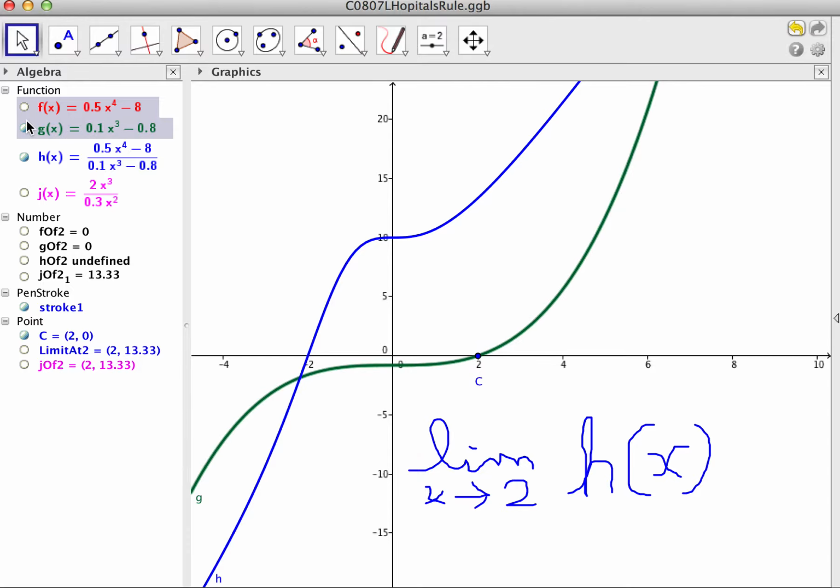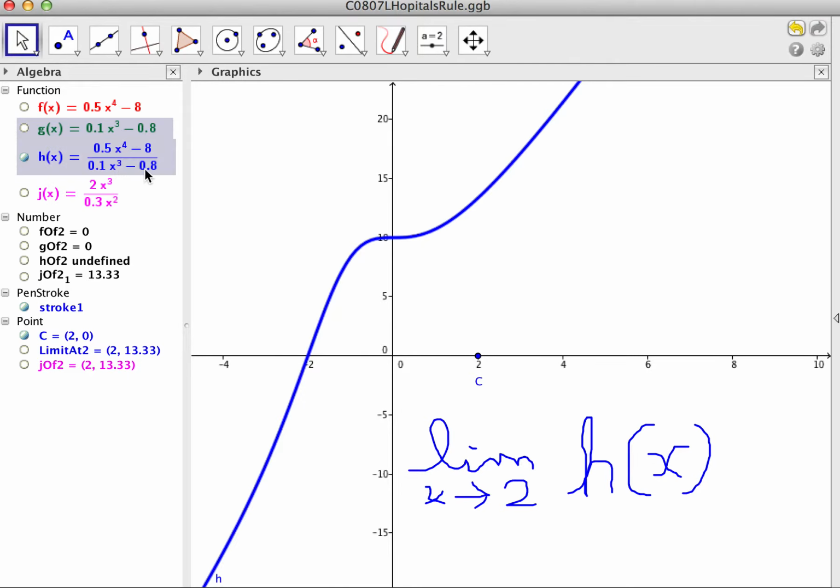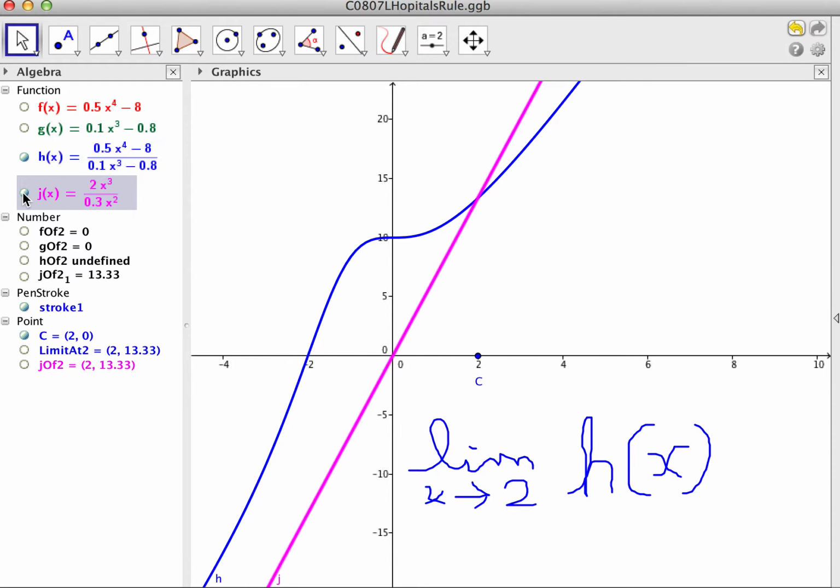L'Hopital's rule is to take the derivative of f in the numerator, the derivative of g in the denominator, and then see if we can do direct substitution there. That function, f prime of x divided by g prime of x, is this function in purple.